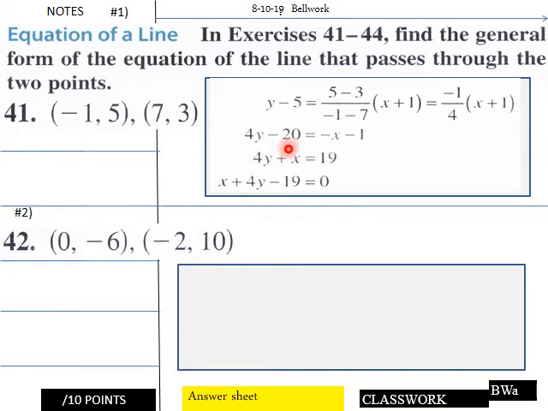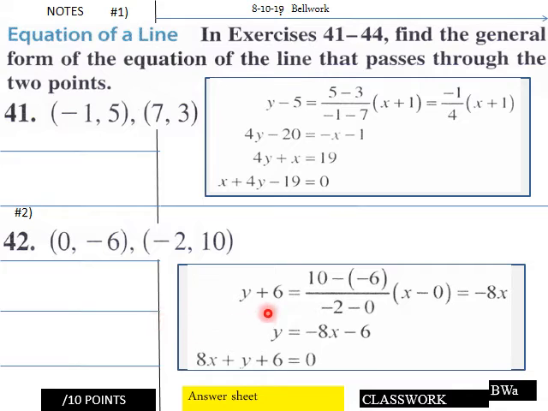We end up with 4y minus 20 equals -x minus 1. Then we move this x over, and we move our 20 over onto the other side. 4y plus x equals 19. And then we move our constant back over on the other side, and we have x plus 4y minus 19. So that'd be an acceptable response to 41.